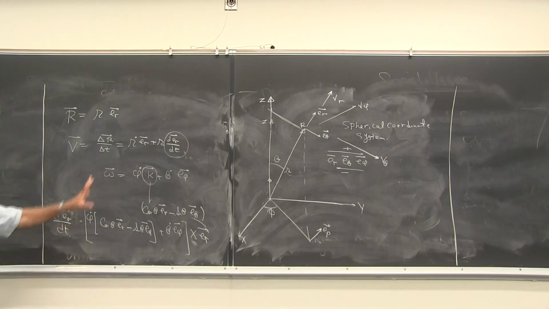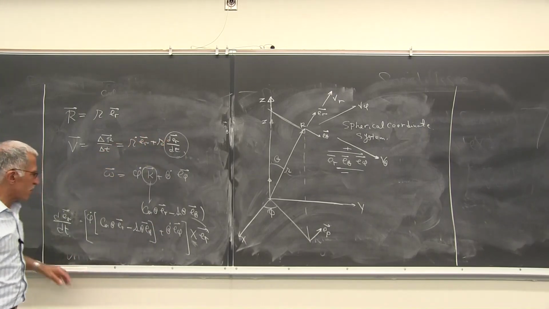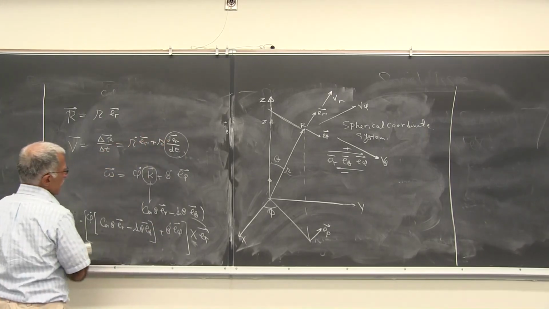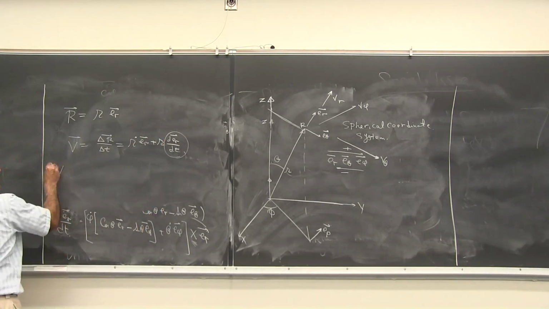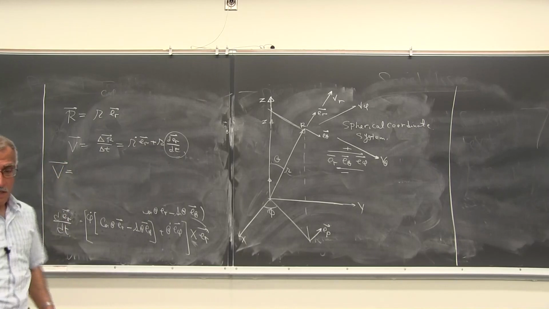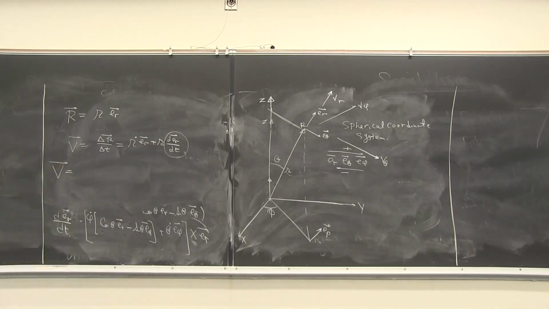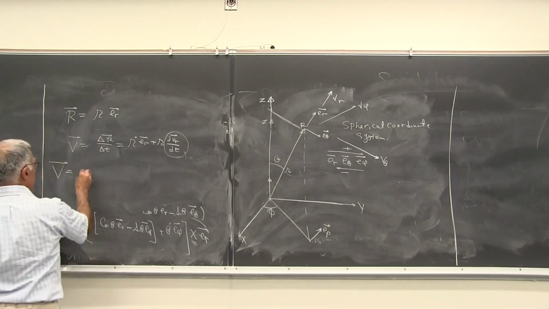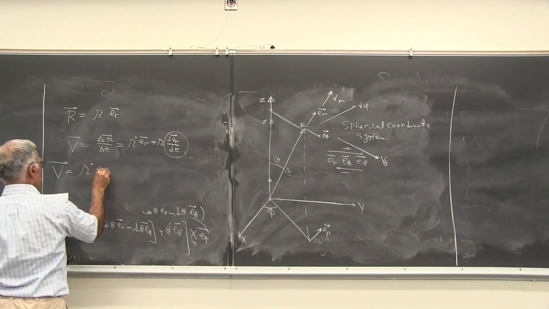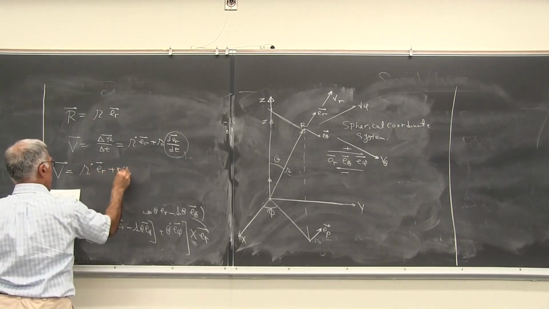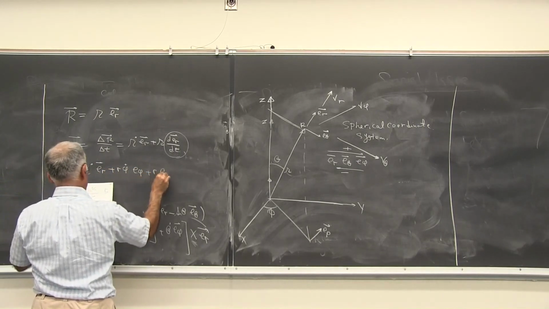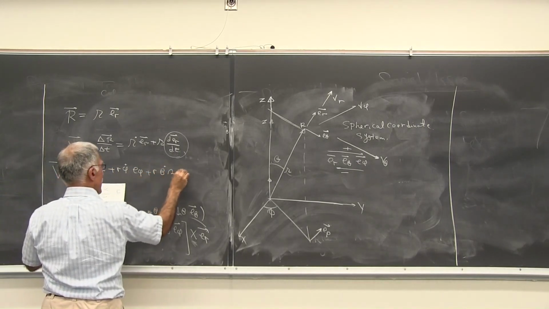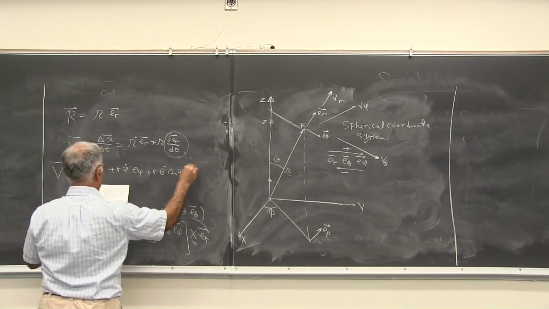You multiply this thing, and you put it back here, and you have total velocity. So in this coordinate system, according to my notes, your total velocity becomes equal to r dot ER plus r phi dot E phi plus r theta dot sine phi E theta.